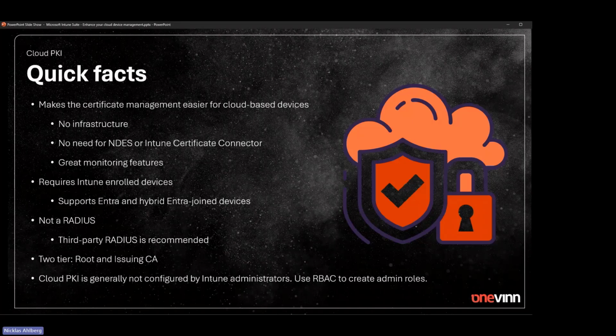Basically what it's all about, it makes the certificate management easier for our cloud-based devices, and this is because we don't need any infrastructure anymore in terms of internal on-premises hosted PKI solutions. And if you have been working with Intune for a while, you probably know about the pain of getting NDES and the Intune certificate connector working together.